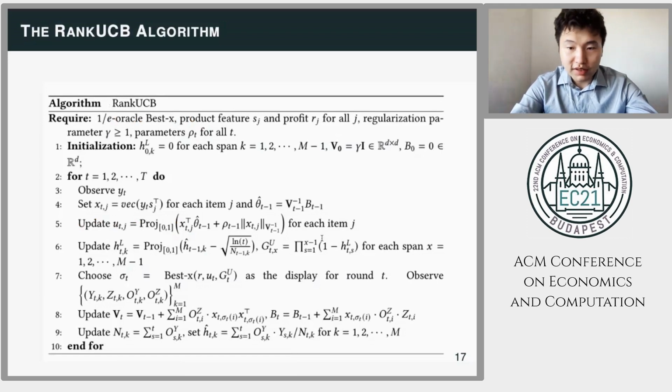Next, we adopt these optimistic estimators as the true parameters and compute an offline solution to be displayed to the customer. We then observe the customer's feedback and update the belief of the parameters in the subsequent round. This is the main structure of our online learning algorithm.